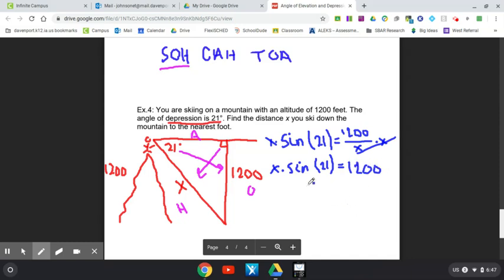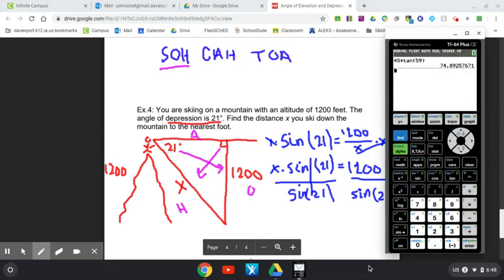Now, x is not by itself, so we need to divide both sides by sine of 21. So we're going to type this in our calculator.